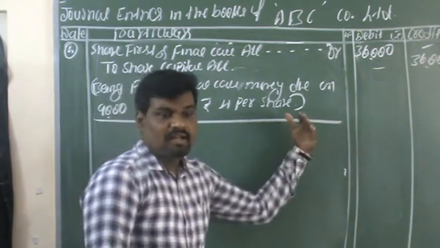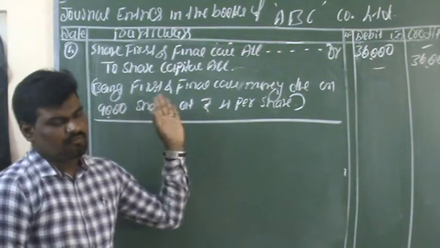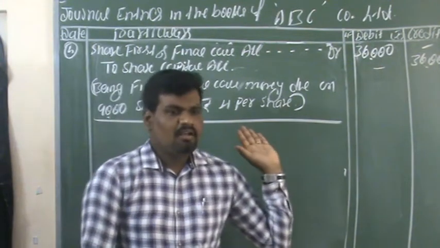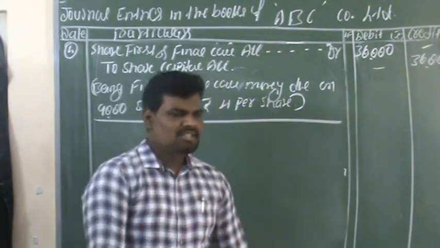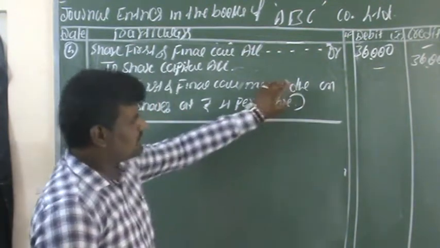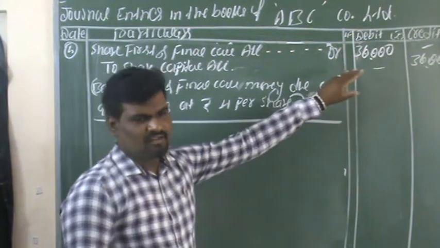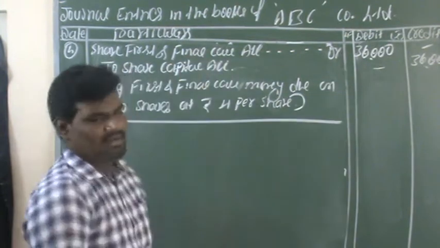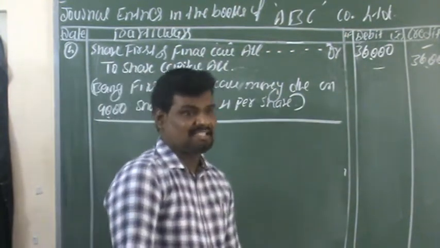This is the narration about the transaction, being first and final call money due on 9,000 shares at rupees 4 per share. So this is the due amount, right? For the due, this is the necessary journal entry, and next is the received.